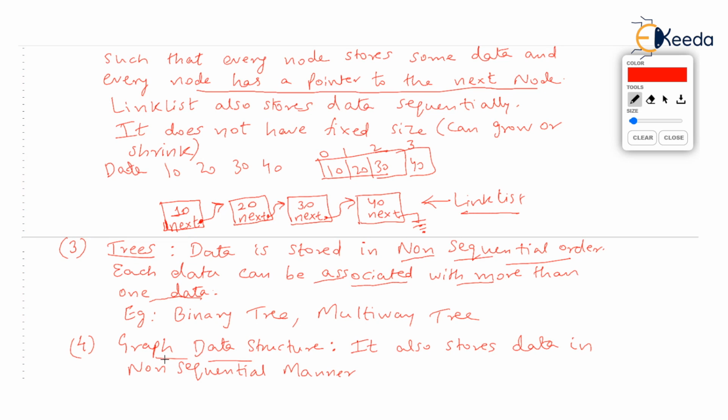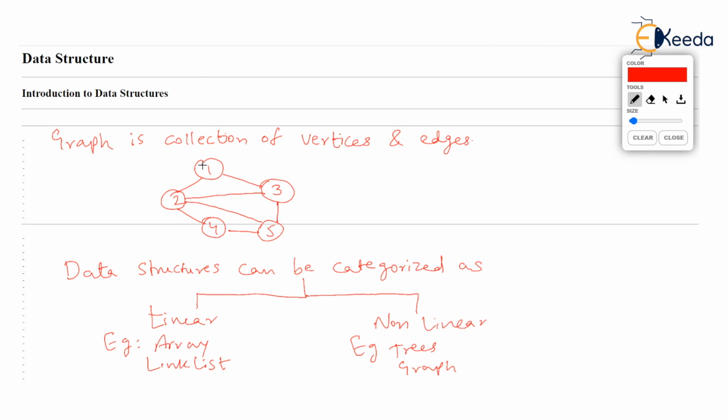Now the fourth type of data structure is the graph data structure. A graph also stores data in a non-sequential manner, like trees, isn't it? So in a graph, data will be stored in such a way that each data may be associated or linked to more than one data. As an example, I have drawn a graph here.